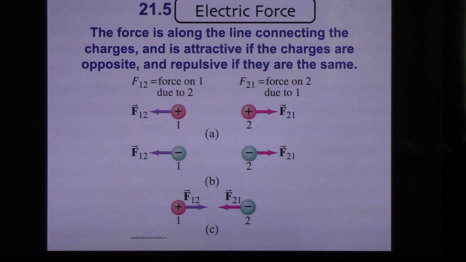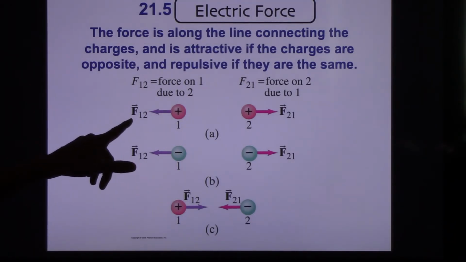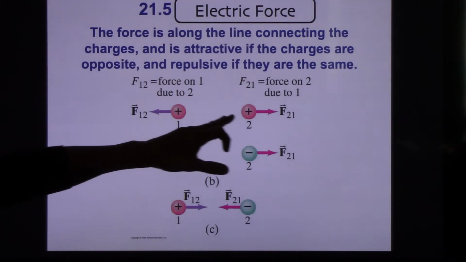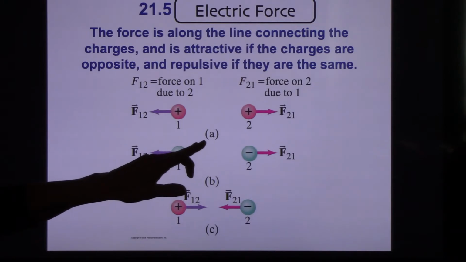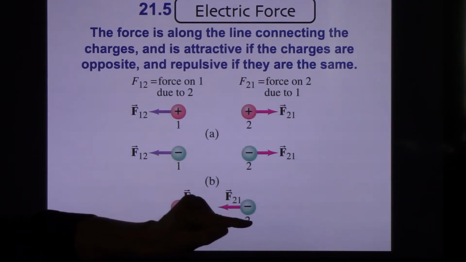Well, it's much easier to just not think of these as vectors, but instead, to separate the two effects, think of the magnitude separate from the direction. So once I see that I have two positive charges, for example, in my diagram, I'll draw the two arrows to show the direction of the force.